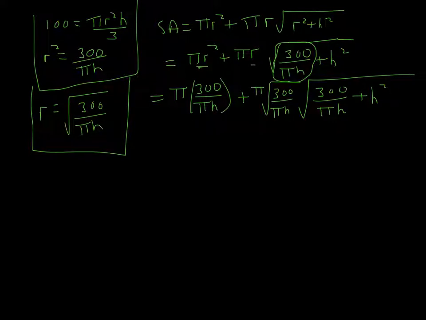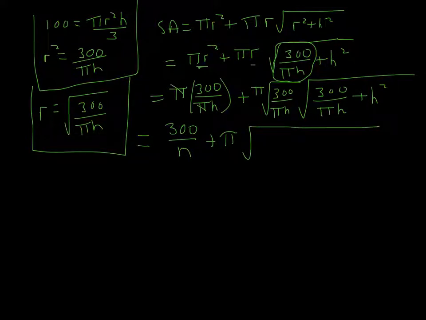So let's simplify this just a wee bit before we try and take the derivative. The pi's will cross out here and here, so this term ends up being 300 over h. And then what I like to do with this one is keep the pi outside. Because this is a radical times a radical, I'm okay to multiply it inside.